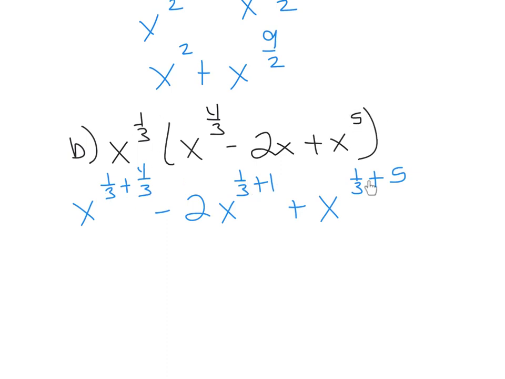And then I'm going to simplify all these exponents here. 1/3 plus 4/3 makes 5/3, and that's fine. 1/3 plus 1 is 1 1/3. When I change it to an improper fraction, I get 4/3 plus 1/3 plus 5 is 5 1/3. When I change it to an improper fraction, I get 16/3.